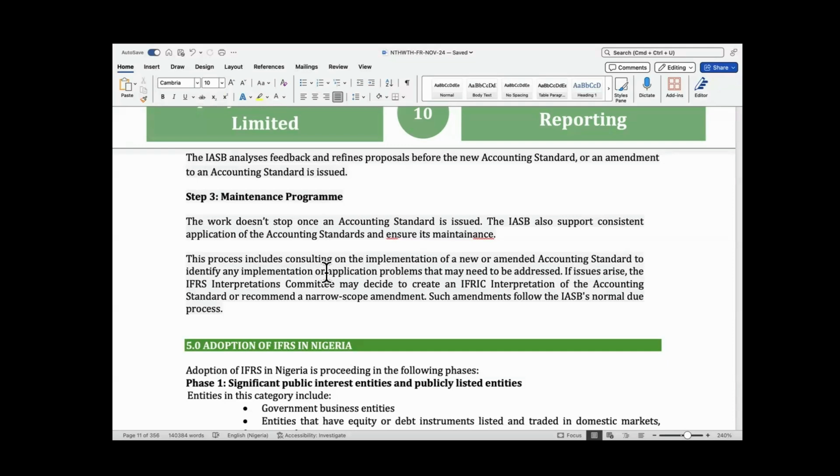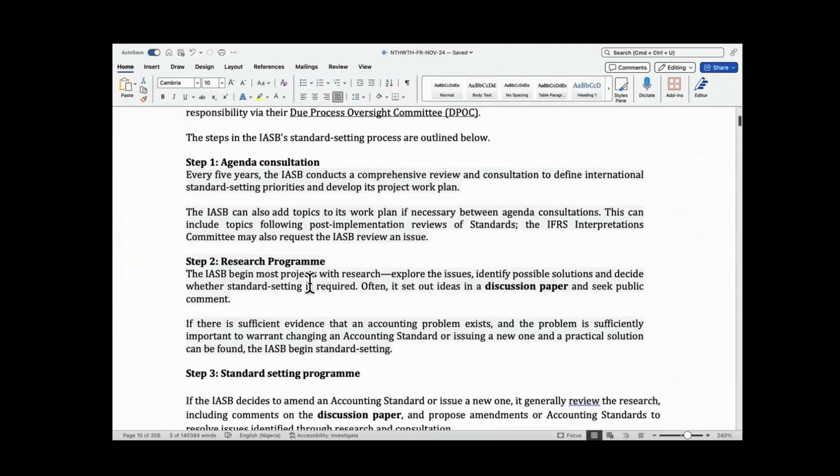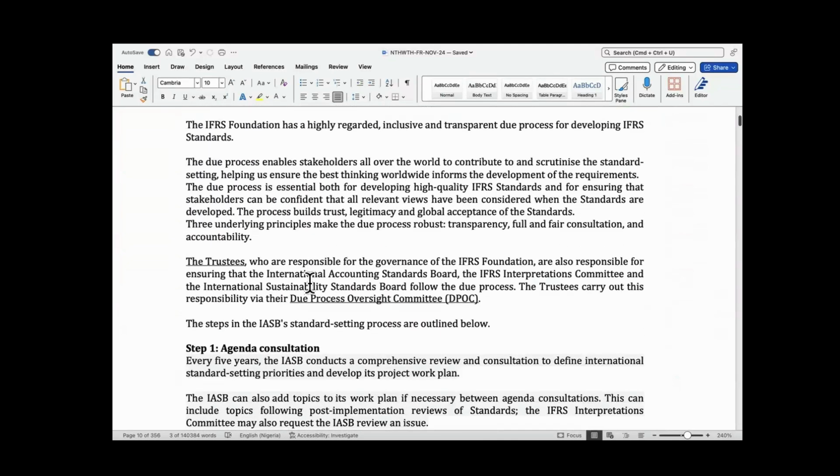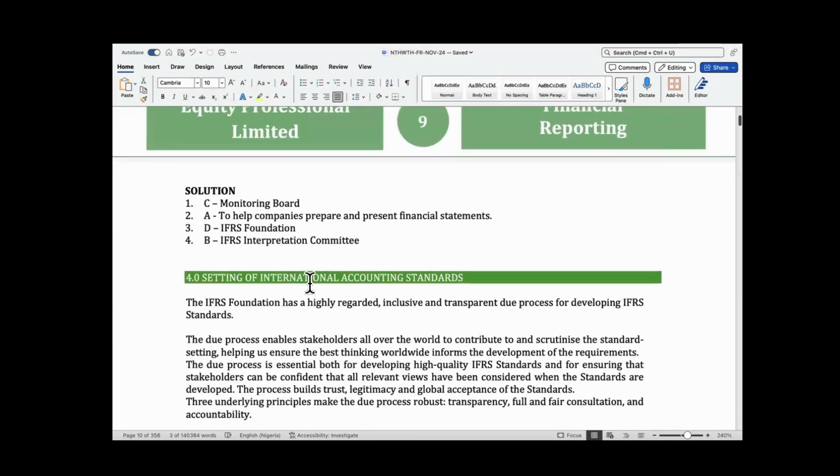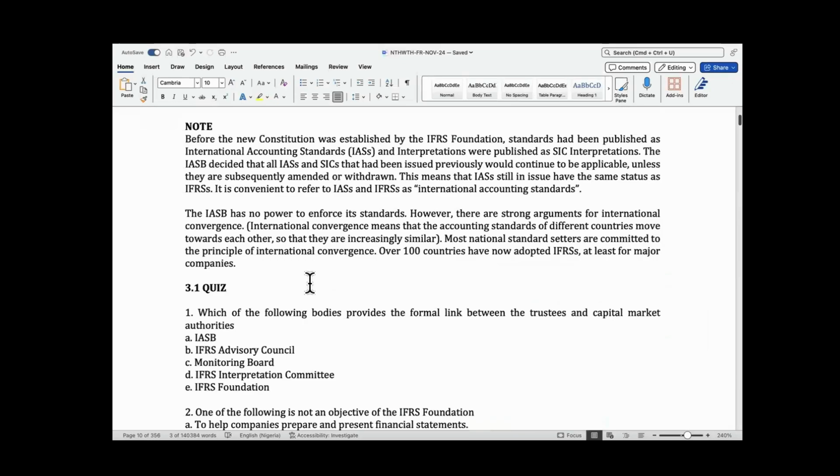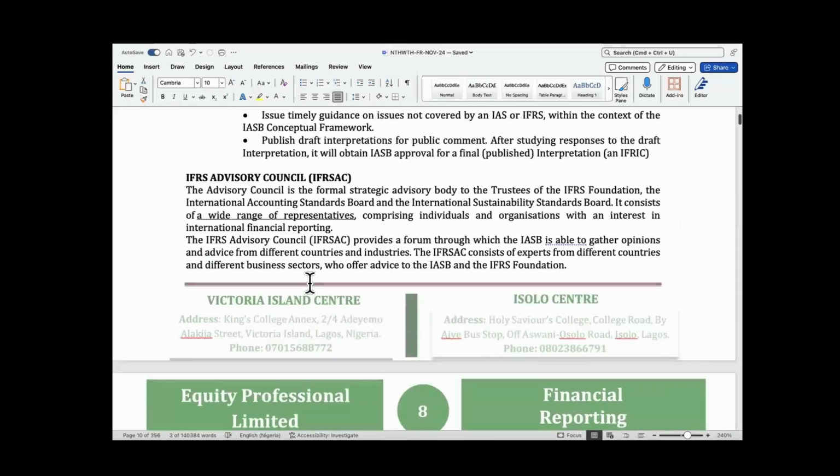If people are having challenges in interpreting, that is where the IFRS Interpretation Committee will come in. They come up with an interpretation, right? And that ends the cycle of developing accounting standards. So, you see, all of these things for financial reporting are extremely important for us.